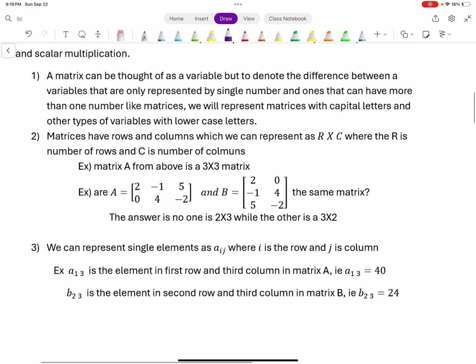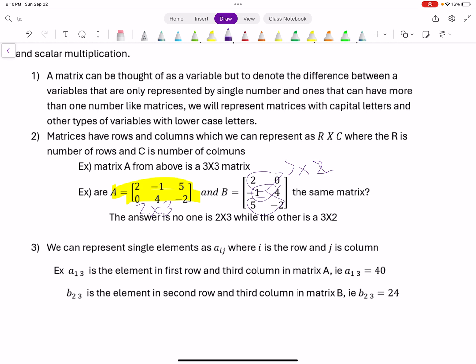So here in this example, matrix A is the matrix 2, -1, 5, 0, 4, and -2. So it's this matrix here. It has 2 rows and 3 columns. So this is a 2 by 3 matrix. Matrix B is the exact opposite, it has 3 rows and 2 columns right here. So 3 rows and 2 columns.